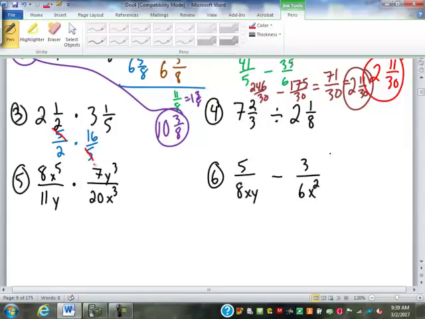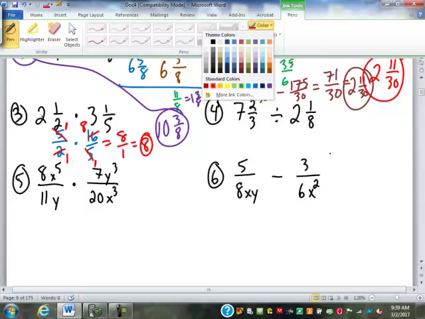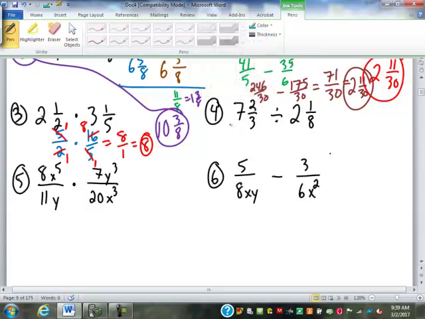We can simplify, reduce, cross cancel. The 5's divided by 5 give me 1 and 1. 2 and 16 can both divide by 2 to give me 1 and 8. And all that's left there is 1 times 8 is 8. 1 times 1 is 1. So 8 over 1 is just 8. Any questions?